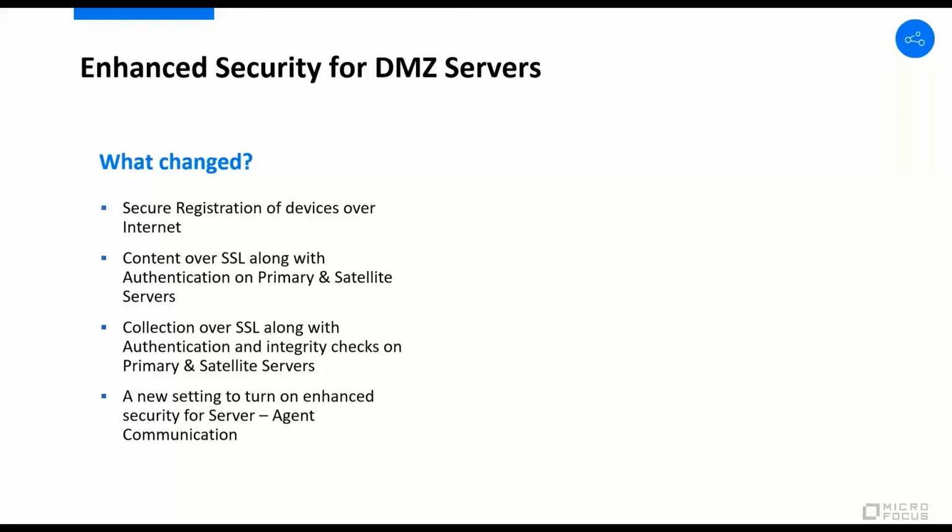For the primary server, this is something we had introduced as part of Update 1 itself, but we have now extended that capability to satellite servers also. Along with it, the collection is already available over SSL on both primary and satellite servers. But for both of them, we have added some more authentication checks to avoid misuse.